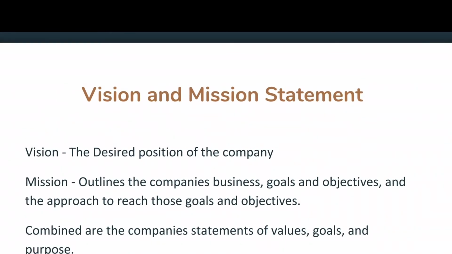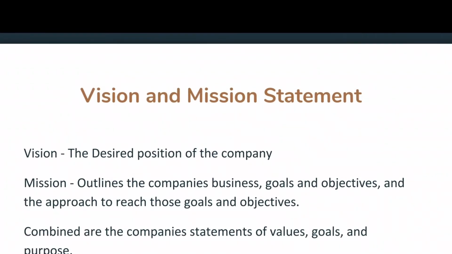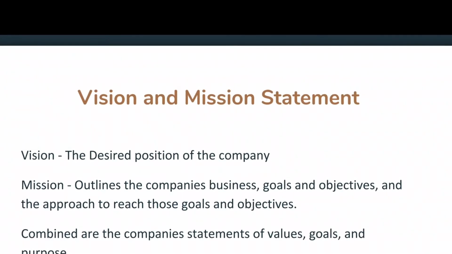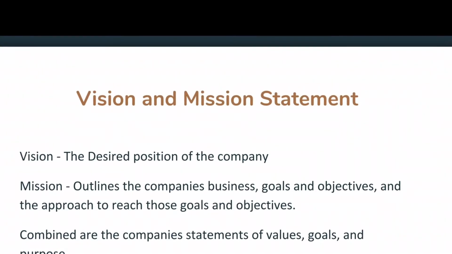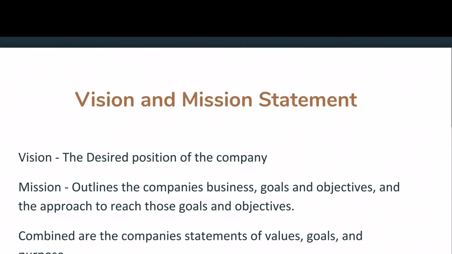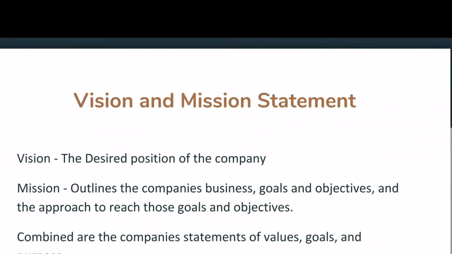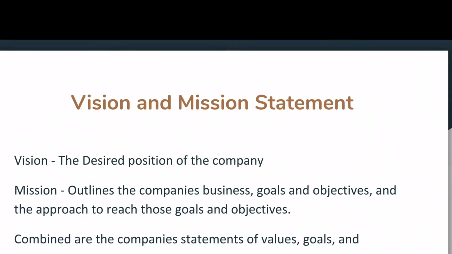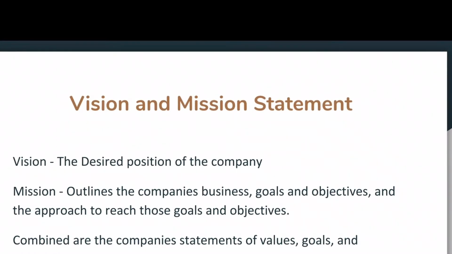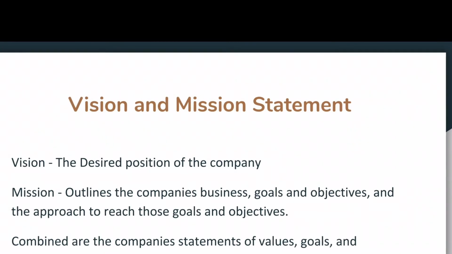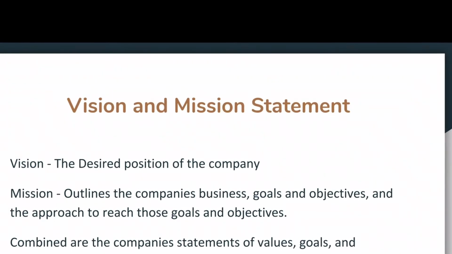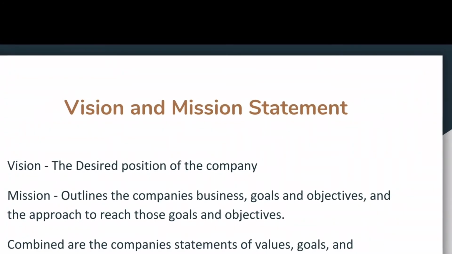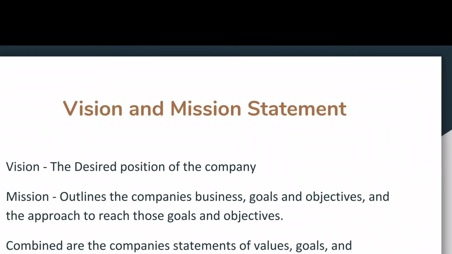Ideally, it serves as a guide on where the company should go. Usually, it's a core element of the organization and where they want to be. A mission statement outlines the company's business goals and objectives and the approach that the company would want to take in order to reach and attain those goals.